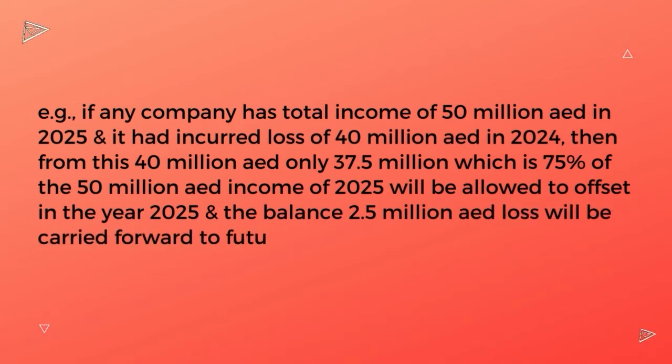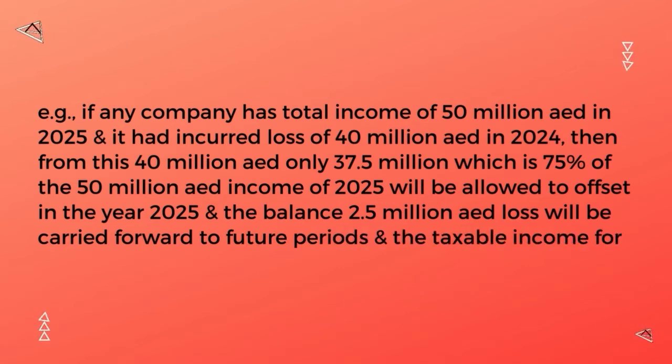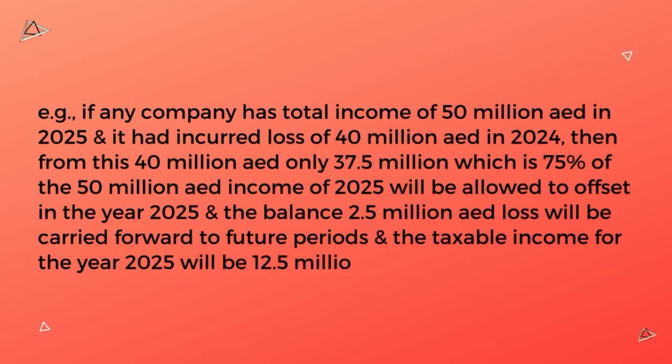Hence the taxable income for 2025 will be 12.5 million, that is 50 million income earned for 2025 less the loss set off of the previous year 2024 of 37.5 million AED. The balance income of 12.5 million will be taxable at 9%.